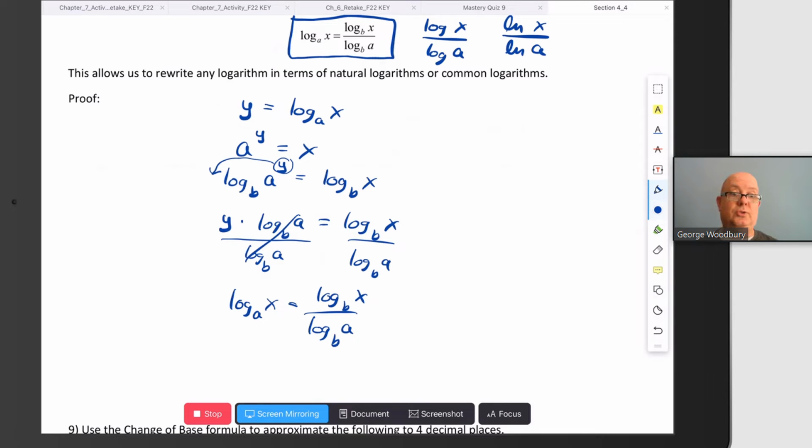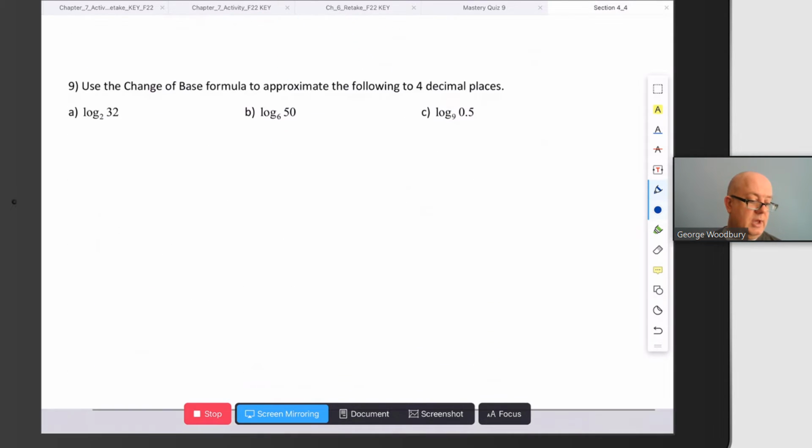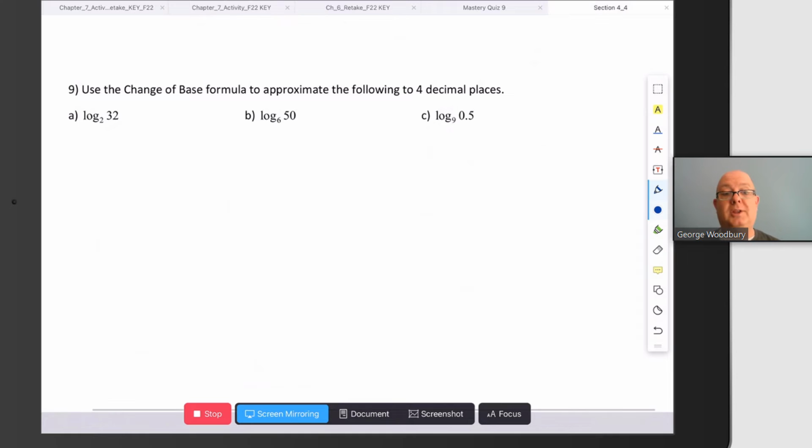Now, let's use this formula. I'm going to start with an example that we don't need the formula for, just to show you that it works. So log base 2 of 32 is equal to 5 because 2 to the 5th power equals 32. But we'll rewrite it in terms of the common logarithm and the natural logarithm and show you that all three methods give us the same result.